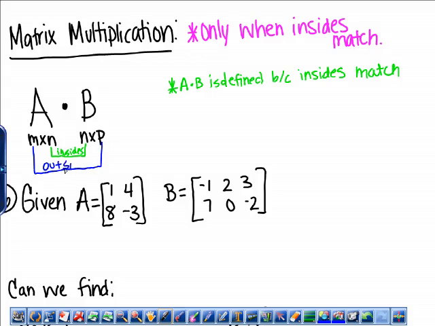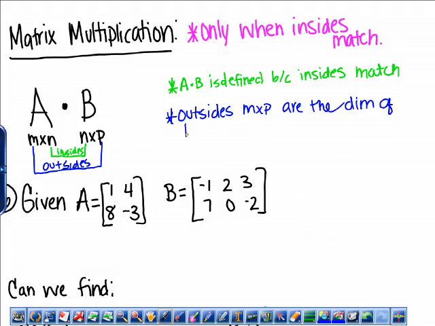What that tells me is the dimension of my answer matrix. So the outsides, which in this case is m by p, are the dimensions of my answer matrix.